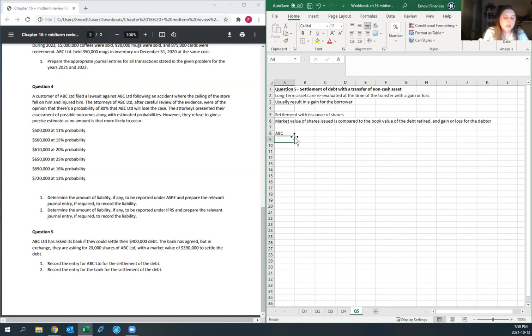They're going to debit their long-term debt, get rid of it in their books. It says here that it's $400,000. There's going to be a gain or loss, and then they're issuing common shares that have a market value of $390,000. So they have a gain of $10,000.